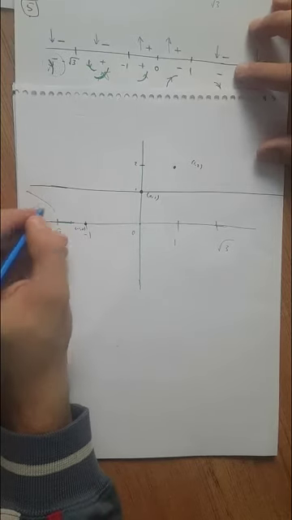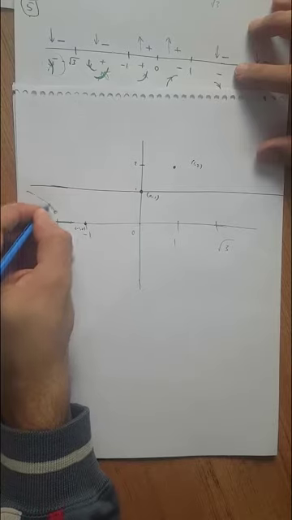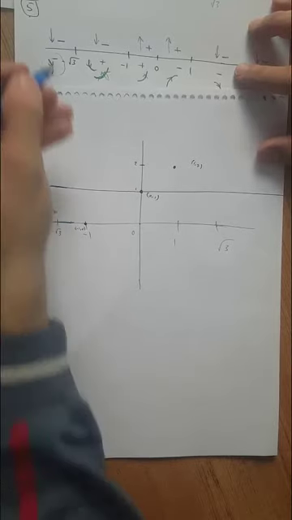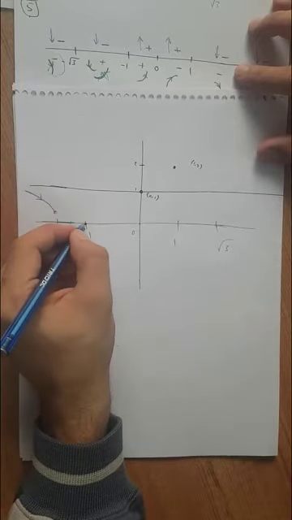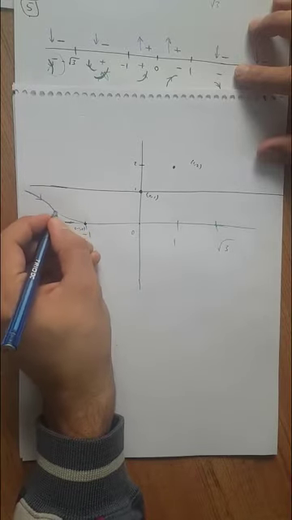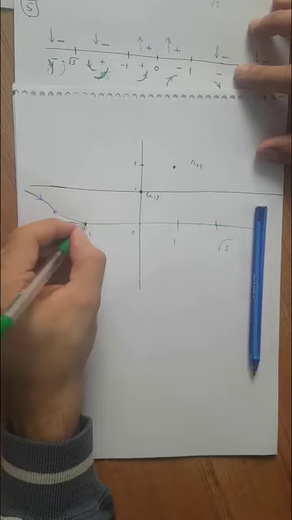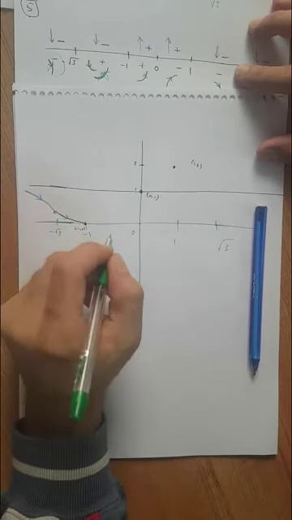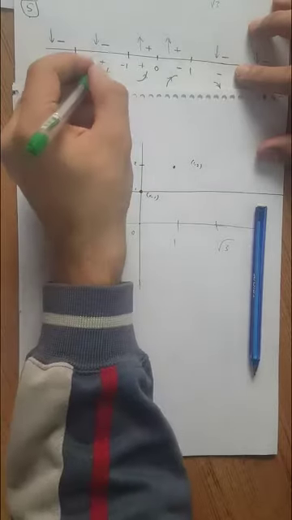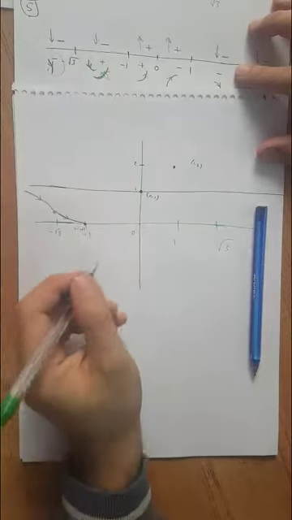As we mentioned, there's something here. We are starting here, concave down and decreasing. Then between here and there we have concave up, decreasing again. Decrease and concave up.